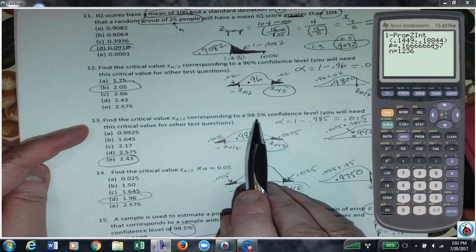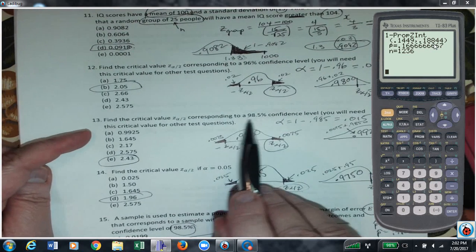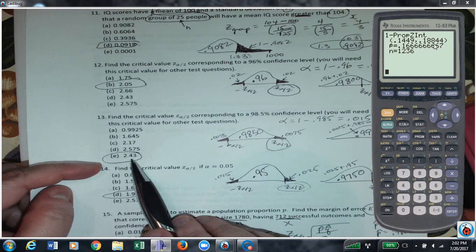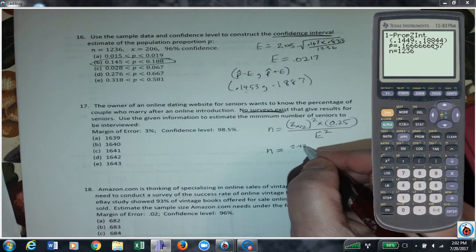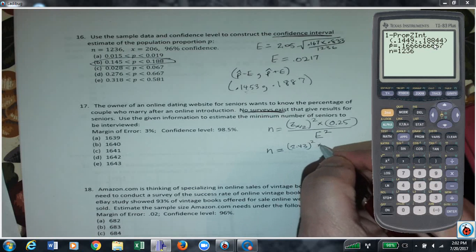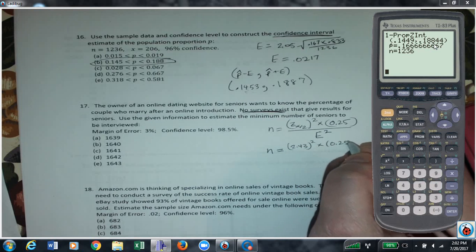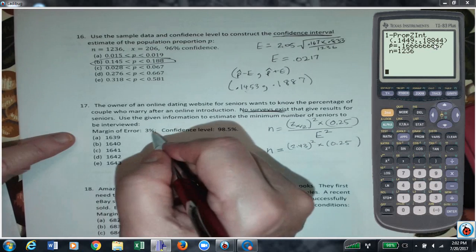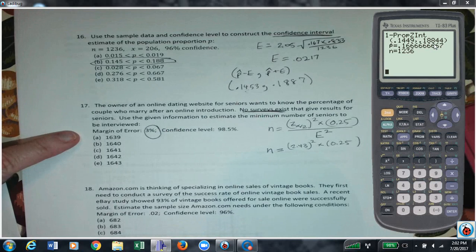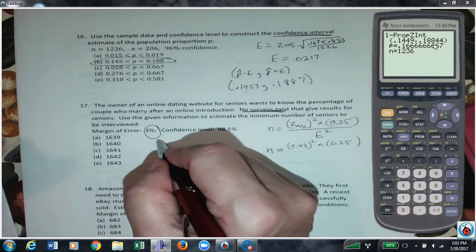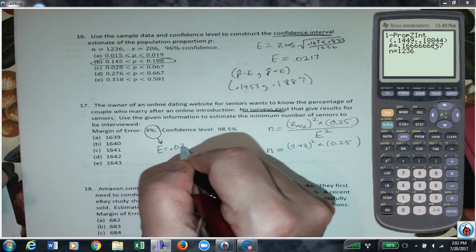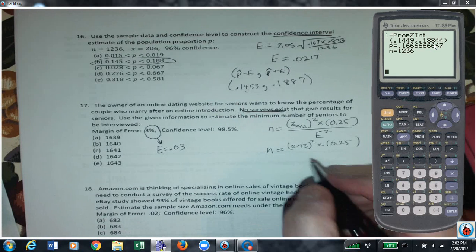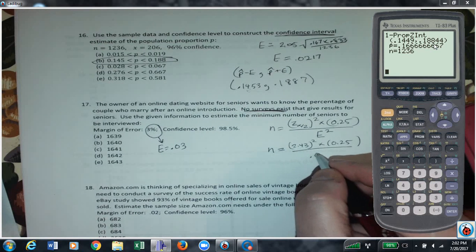And from question 13, the critical value I need is 2.43. Margin of error is 3%. If you're given the margin of error as a percentage, then you have to write it in decimal form. So 3 divided by 100 is 0.03.